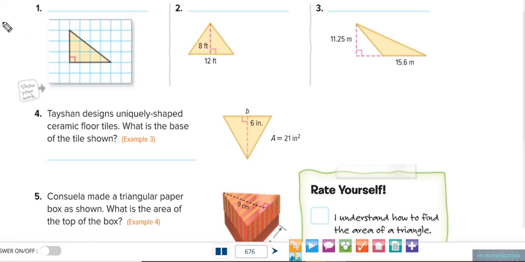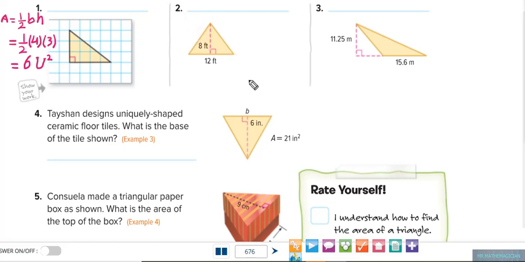Area equals half BH equals half multiplied by the base 4 units multiplied by the height 3 units. You know that 4 by 3 is 12, half of 12 is 6, so 6 units square.